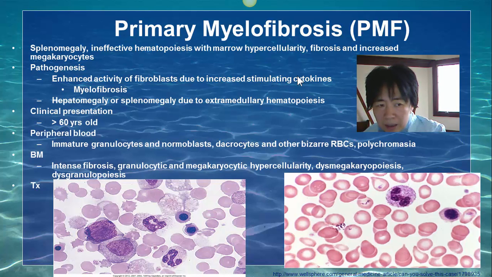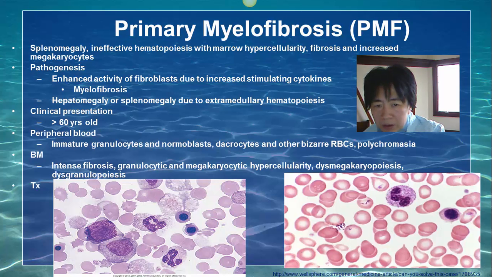Hepatomegaly or splenomegaly is due to extramedullary hematopoiesis. PMF occurs in people who are over 60 years old. They may show no symptoms or present with anemia, weight loss, and left upper quadrant pain caused by an enlarged spleen.